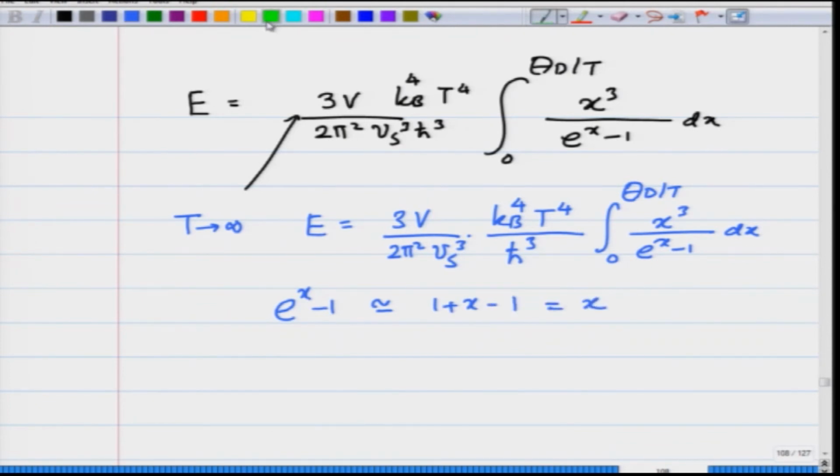This is because I have theta_D over T to be much less than 1.